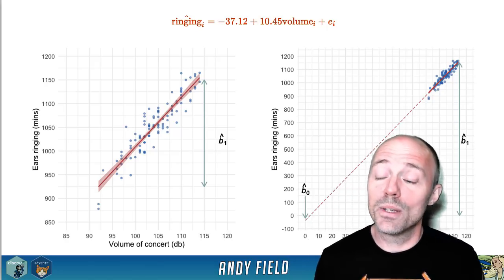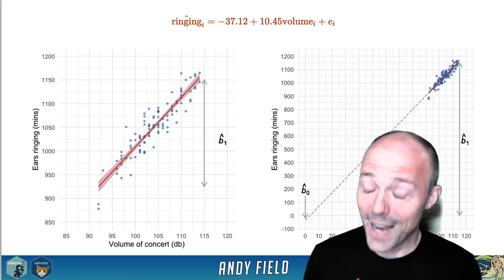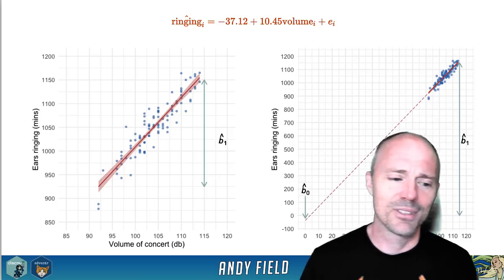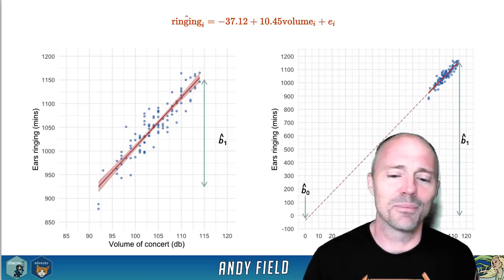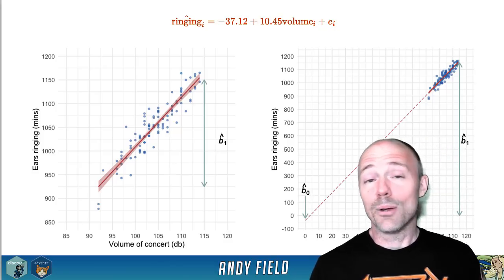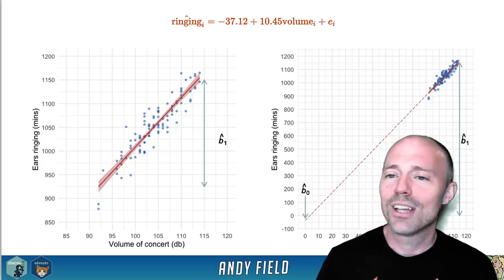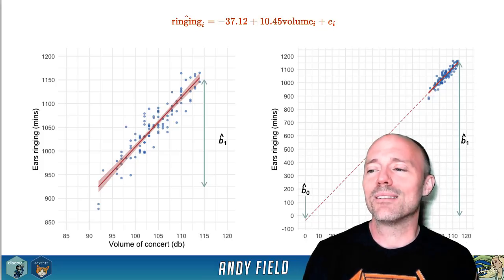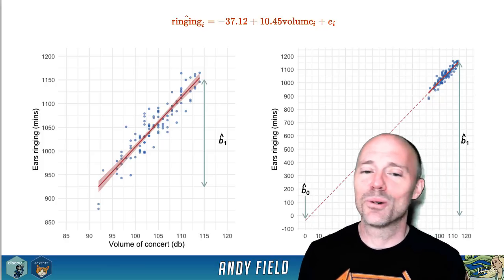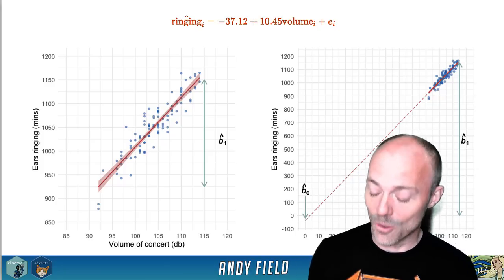Just to remind you, we talked about how that's a nonsensical value, because your ears can't ring for a minus amount of time. I mean, maybe they can in some weird parallel universe. But it's a value that's slightly strange. And it's worth bearing in mind that with values from statistical models you should always think about their real world meaning. In this case, the real world meaning of that intercept is nonsensical.